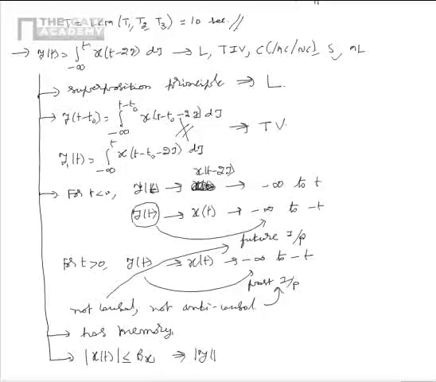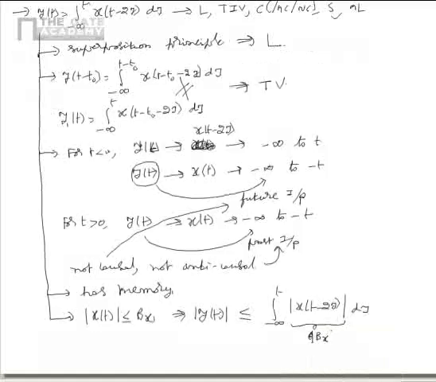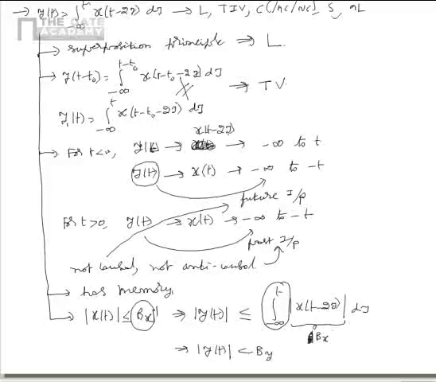From this, we can see that mod of y of t is less than or equal to the integral from minus infinity to t of mod of x of t minus 2 tau d tau. But as the integration is from minus infinity to t, we cannot say that mod of y of t is bounded.